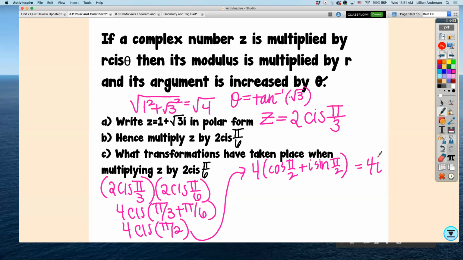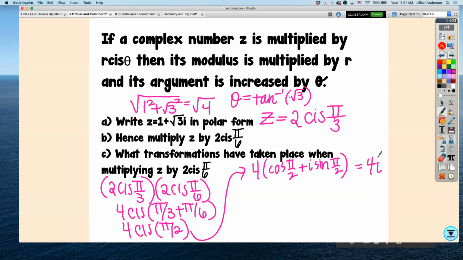So looking at the original Z, which was 2 cis pi over 3, and what it was after we multiply, which was just 4i, we have to describe the transformations that took place. So what happened to the original Z?